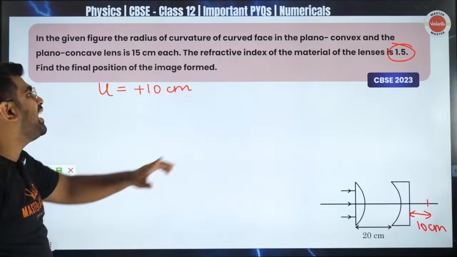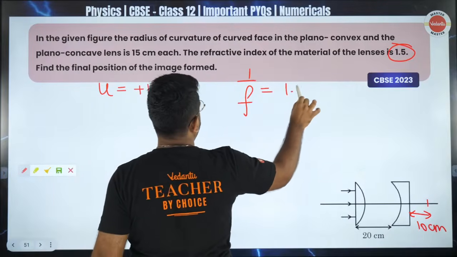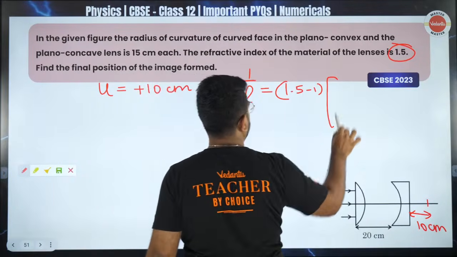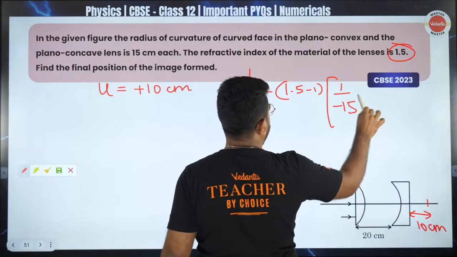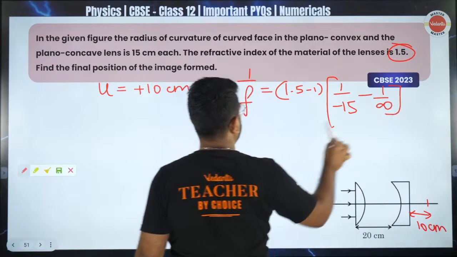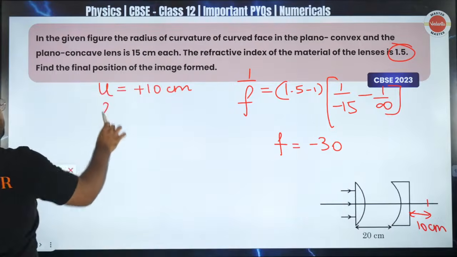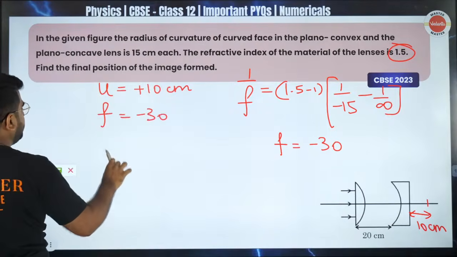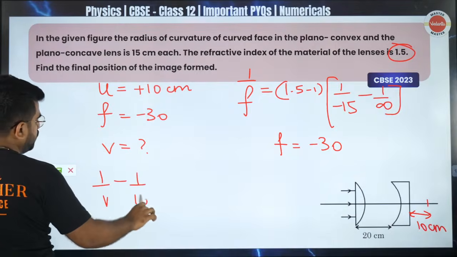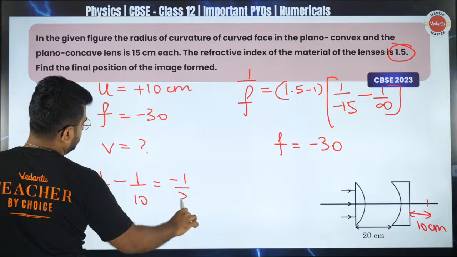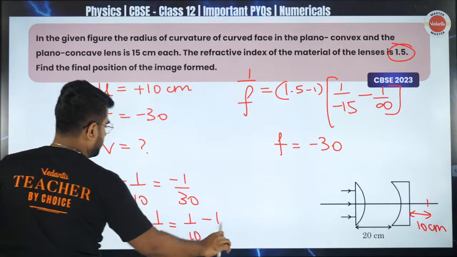Okay. The focal length for the second lens is 1.5 minus 1 into 1 by r1 minus 1 by R2. So the focal length is minus 30. For the second lens, F is equal to minus 30. So what is V? Lens formula: 1 by V minus 1 by U is equal to 1 by F. 1 by V is equal to 1 by 10 minus 1 by 30.